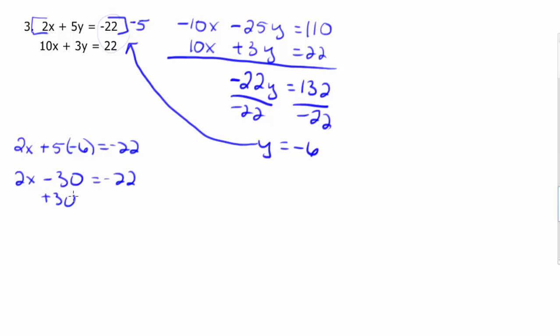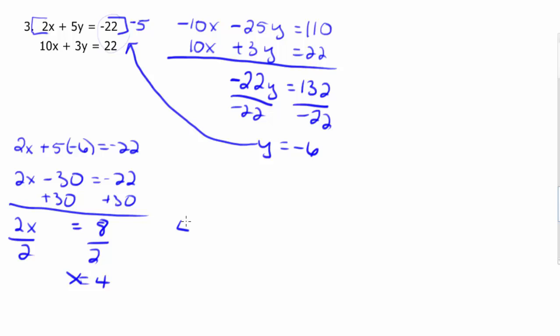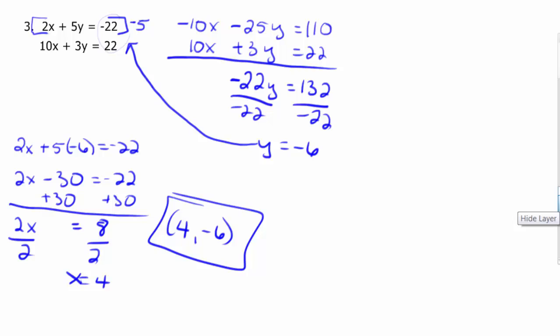Then we add 30. 2x equals 8. I almost said 12. Divide by 2. X equals 4. So our point is 4, negative 6. Again, this is just another way to do it. If you graphed those, that's where they would cross.